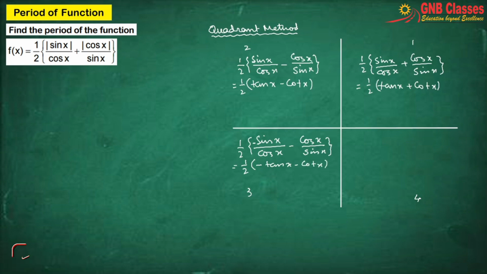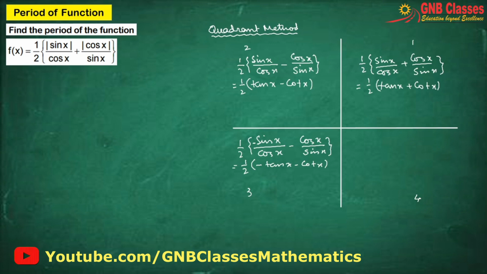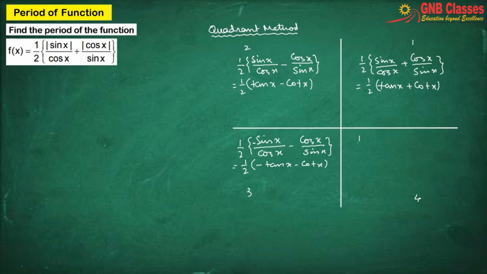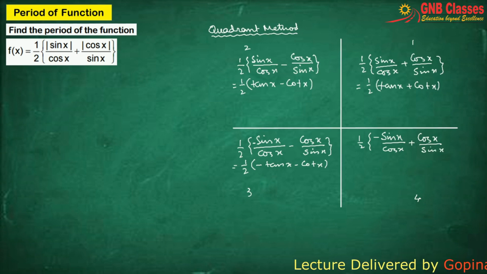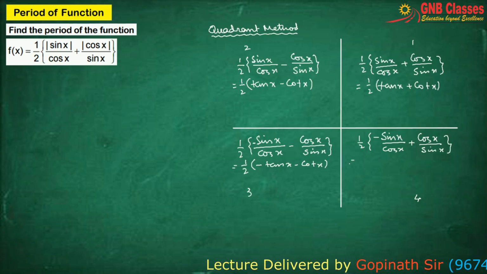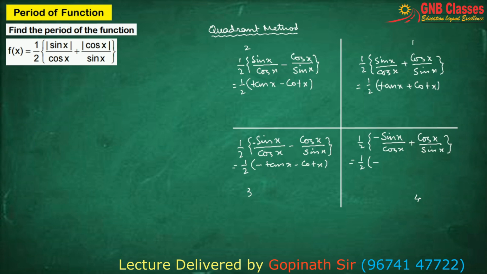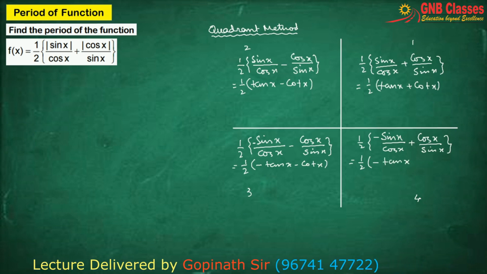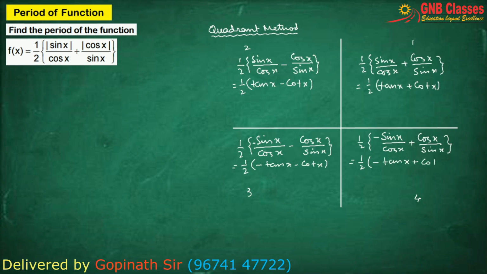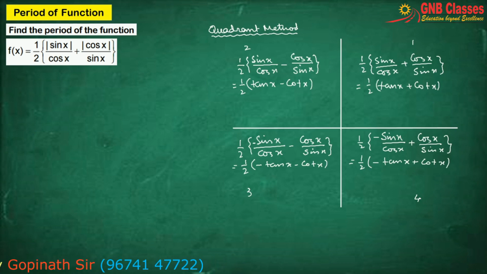Okay? And in the fourth quadrant, sine is negative and cos is positive. So our function will be half of minus tan x plus cot x. Is this clear?